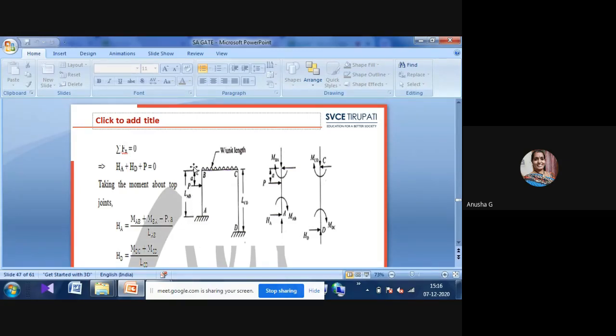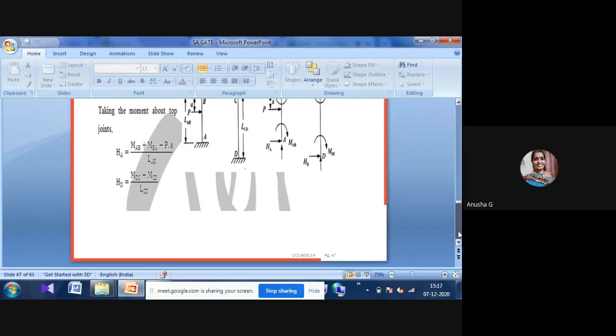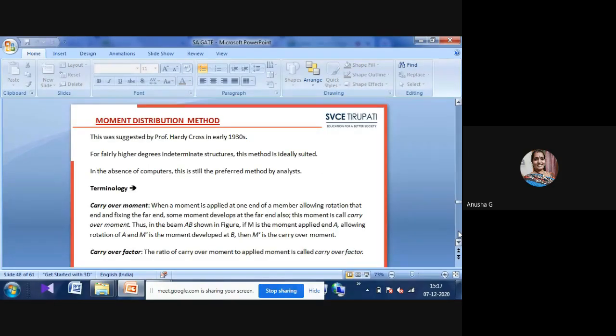That is one of the equations for HA. Similarly, taking the moment on the right side, HD, our equation is MDC plus MCD minus the load term by LCD. These are the main horizontal equations that we derived in the previous classes. Those are the main formulas for slope deflection methods.